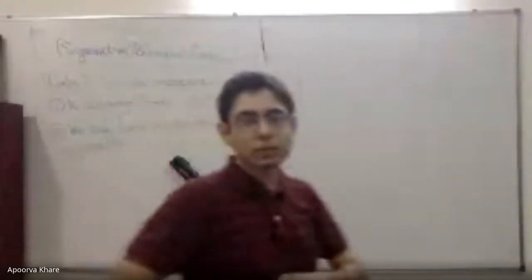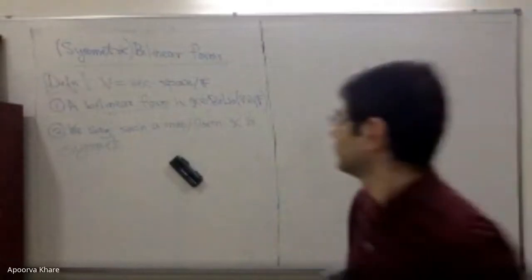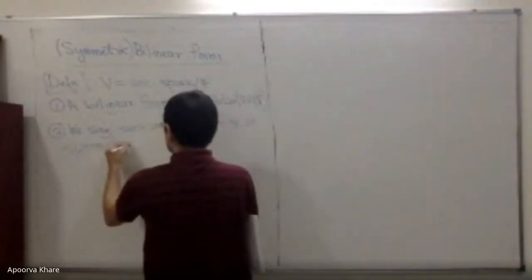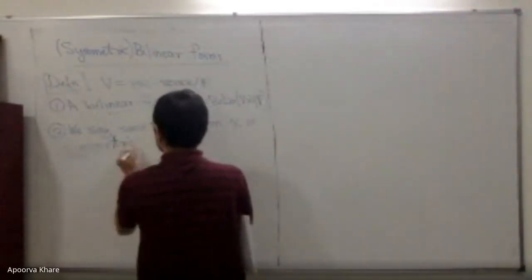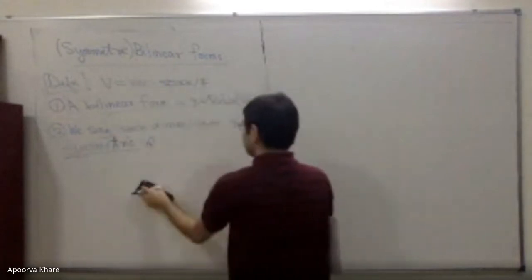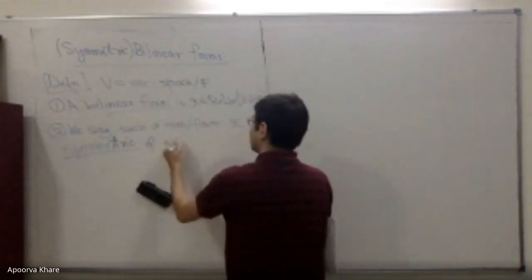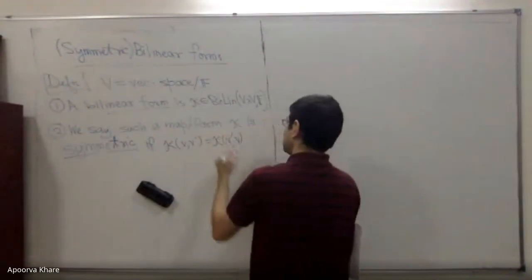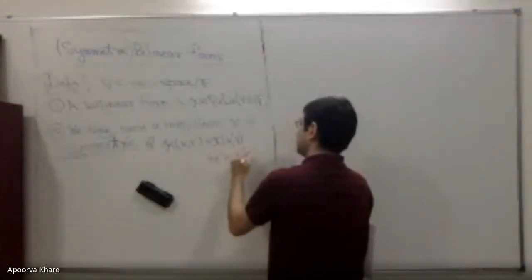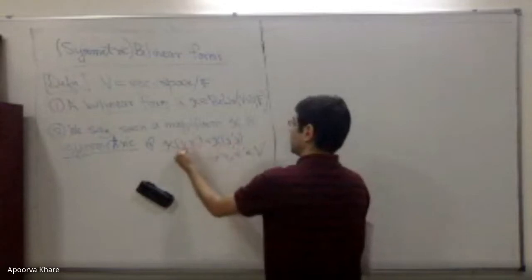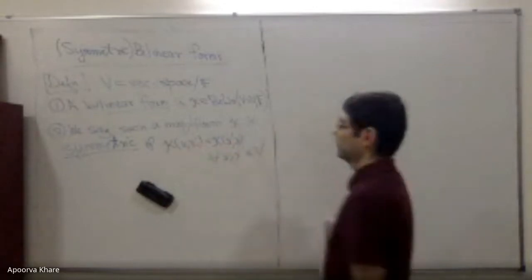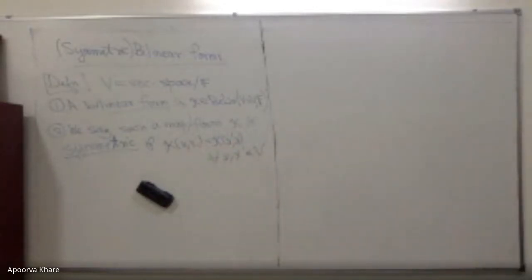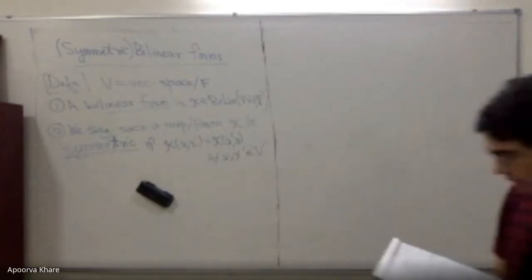Kappa of x, y equals kappa of y, x, or kappa of V, V prime equals kappa of V prime, V, for all V and V prime. Okay, so we will talk about bilinear forms and mostly about symmetric bilinear forms.